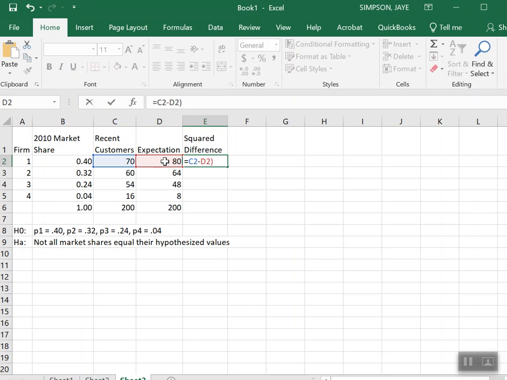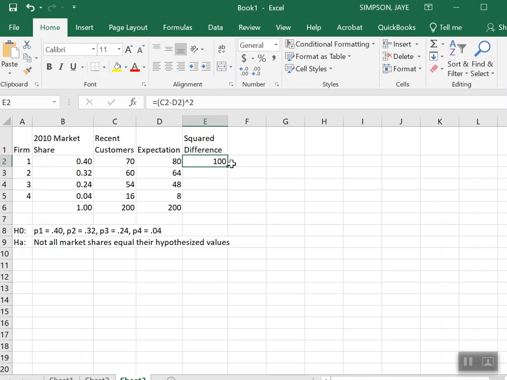Ooh, I didn't put my parentheses in. Got to put my parentheses in. And then I'm going to square that. So I'm going to use my little caret, that's the symbol on top of the 6, and square it. So if we think about this mathematically, there's a difference of 10. If I square it, that's 10 times 10, that's 100.